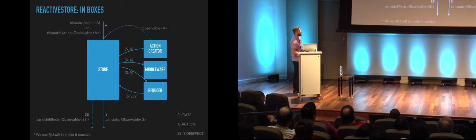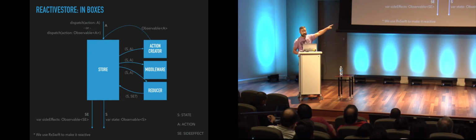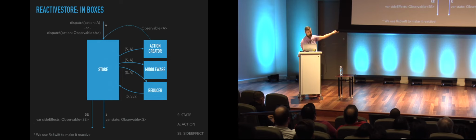The next thing is middleware. Middleware is just a piece in the system to allow you to watch what's going on, but not actually affect the system or the state in the system. You can see there's no arrow going back to the store from the middleware. And then the last and probably most important part is the reducer. The reducer takes the current state of the store and the action that was passed in and returns a tuple of state and maybe a side effect.